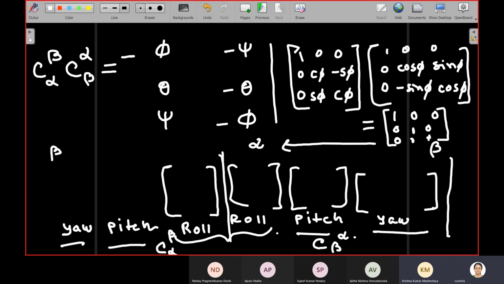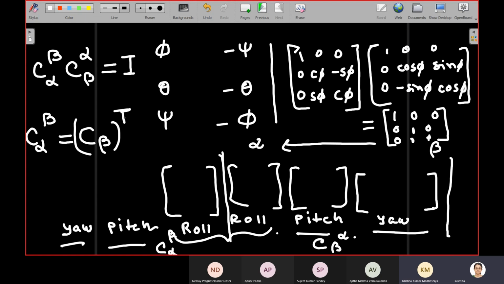This is equal to identity, right? Now if you notice carefully, you will find that C alpha to beta is basically C beta to alpha transpose.